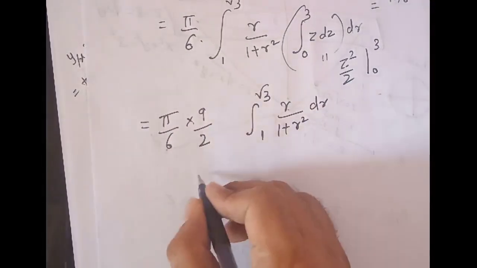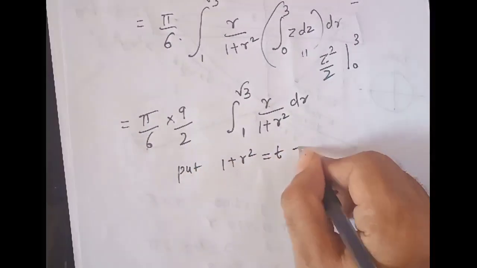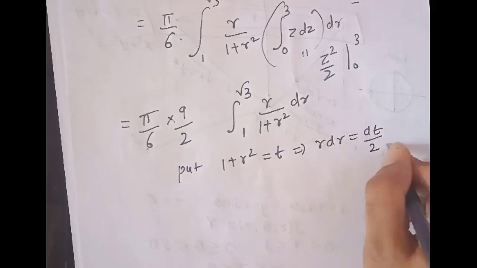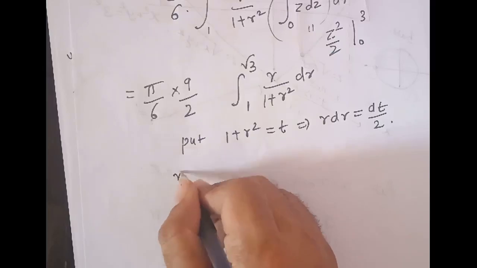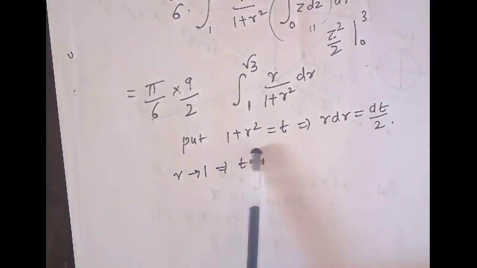Alright, so for this what we will do, put 1 plus r square is t, that implies r dr is equal to dt by 2, and we have to change the limit. So when r goes to 1, this implies t will go to 2, if I put r equal to 1 here.